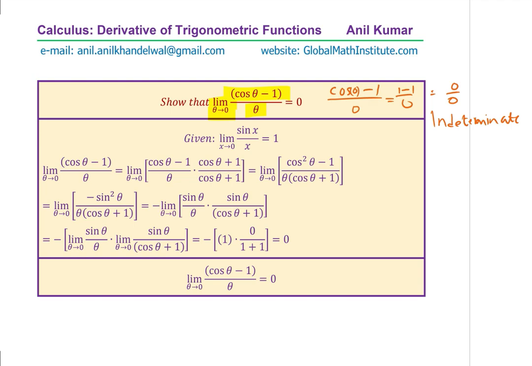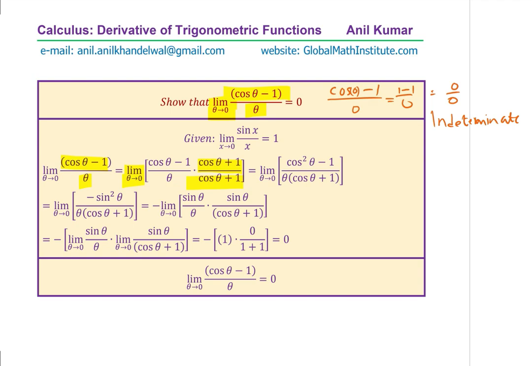So let's see what strategy to apply. Rationalization, you remember that? Correct. So it's a review on the strategies applied to find the limit for indeterminate forms. Now we need to find the limit when theta approaches 0. What I'm doing to this function is multiplying and dividing by the conjugate of the numerator, which is cos theta plus 1. So multiply, divide by cos theta plus 1.